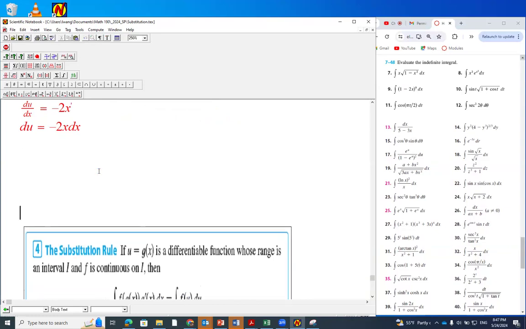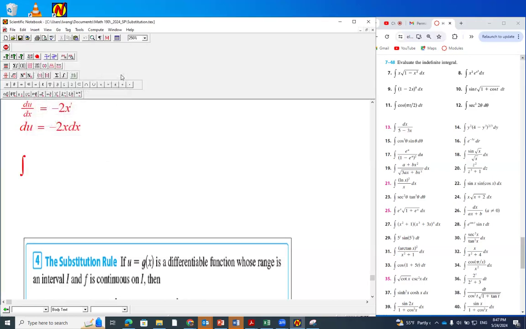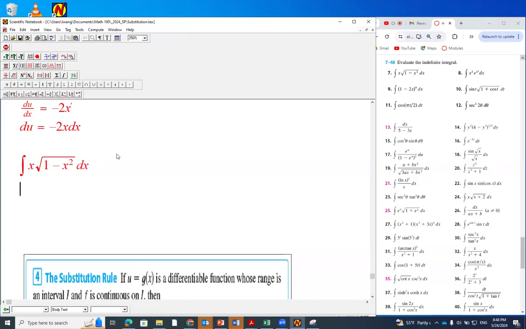All right. So let's look at number 7. We have x times the square root of 1 minus x squared, dx. What are we going to do?